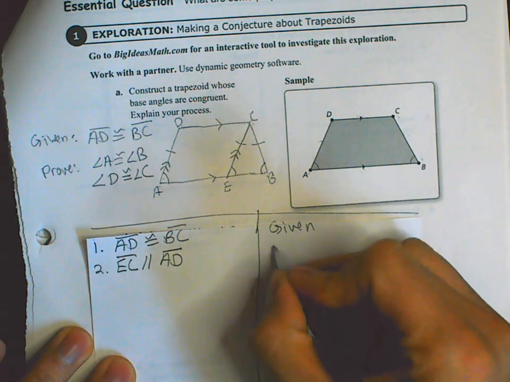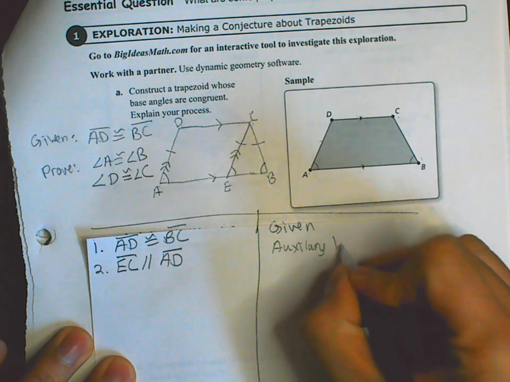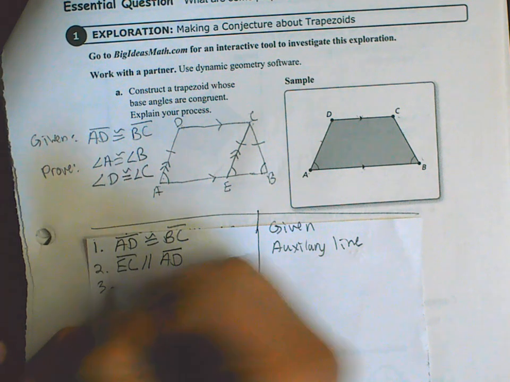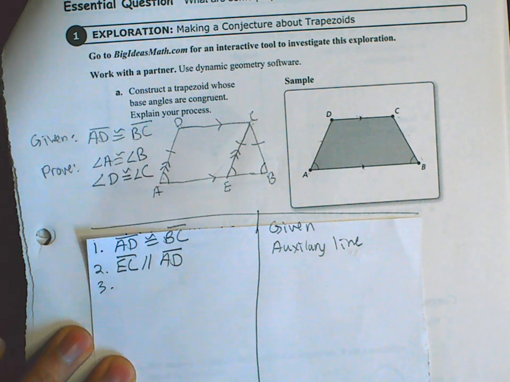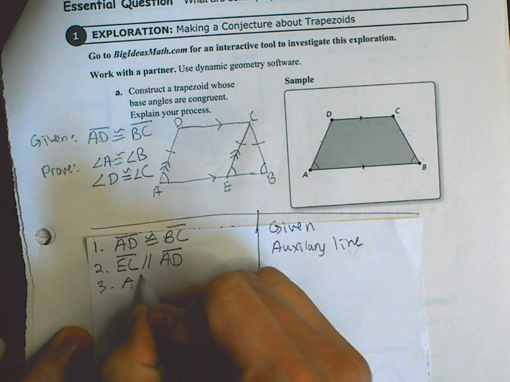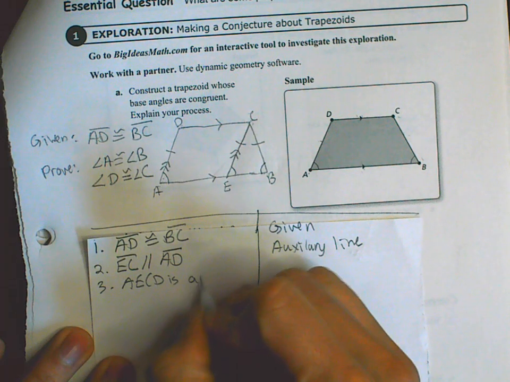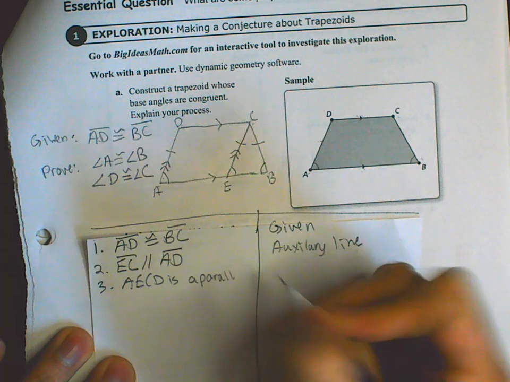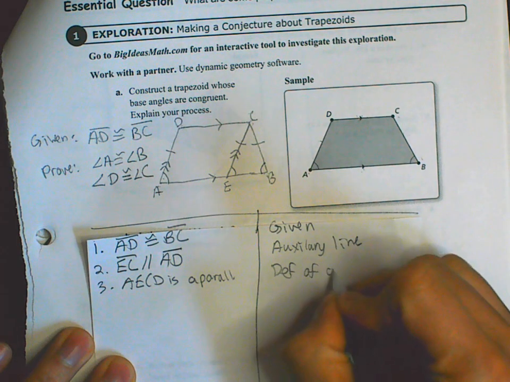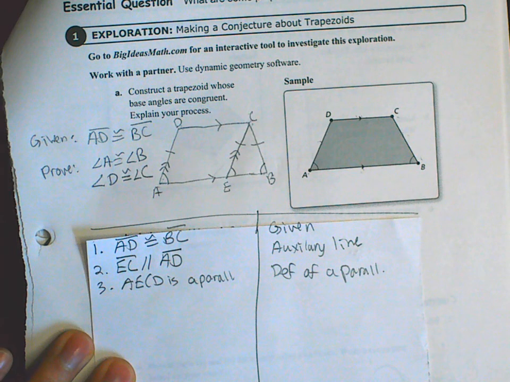Okay, it's my auxiliary line. And I made it like that. And yes, you can do that. So therefore, by definition, AECD is a parallelogram. Definition of a parallelogram.